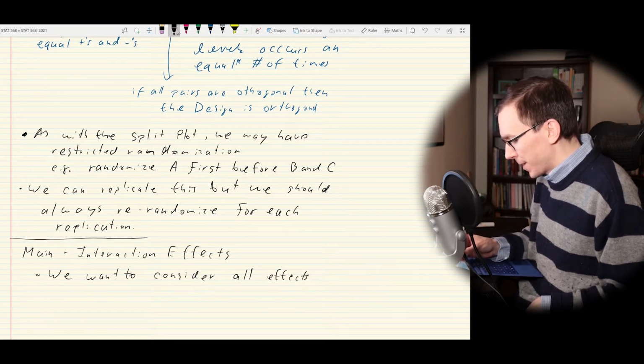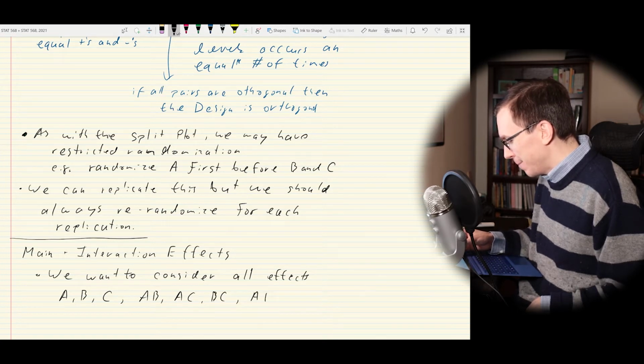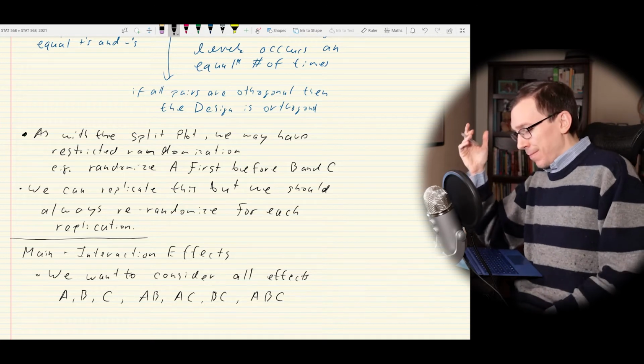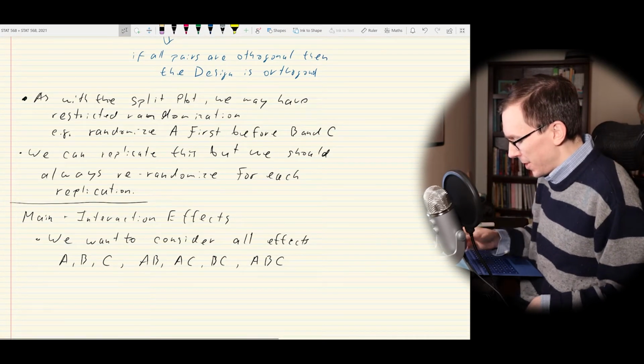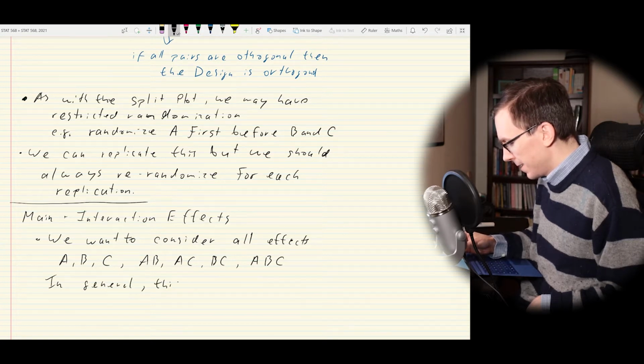That would be, for example, A, B, and C, as well as AB, AC, and BC, and the three-way term ABC. So that's going to be, in general, 2 to the k minus 1 things to estimate.